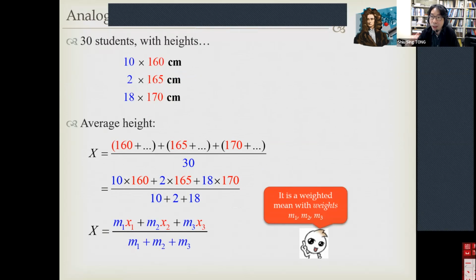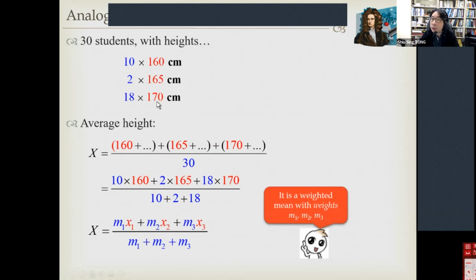Suppose we categorize the height of the students in terms of ranges. On average, we find that there are 10 students with heights in the range of about 160 cm, 2 students with the height in the range of 165, and 18 students having the height in the range of 170 cm. Okay, so these are the frequencies, right? 10, 2, and 18 are the frequency of appearance of these heights.